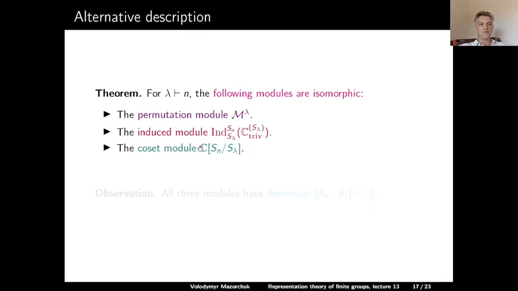And module 3 is the coset module for Sn, where S lambda acts on the right. An immediate observation: all these three modules have dimension n factorial divided by lambda factorial, which is also equal to the index of the Young subgroup S lambda in the whole group Sn.